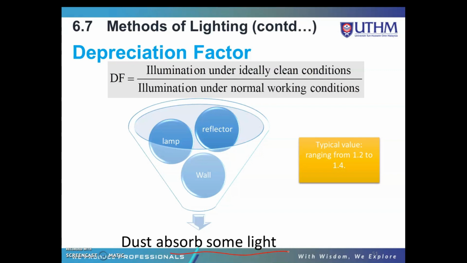This is the definition of the depreciation factor: the illumination under ideally clean conditions to the illumination under normal working conditions. The typical value for this depreciation factor ranges from 1.2 to 1.4.